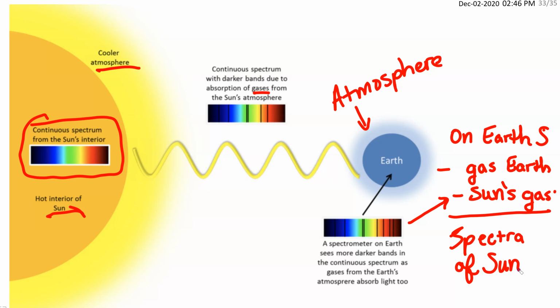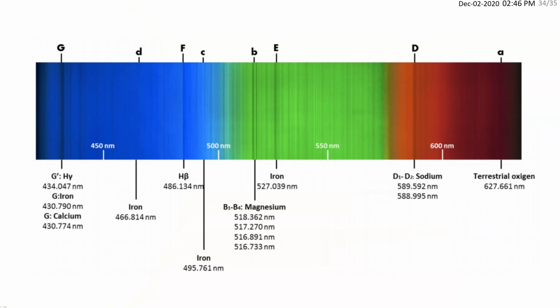Now, just to give you a little taste of things, here's what an absorption spectra actually looks like. Okay, you'll notice it goes from blue on this end to red on this end. We've talked about red shift and blue shift before, so shouldn't be too unknown.